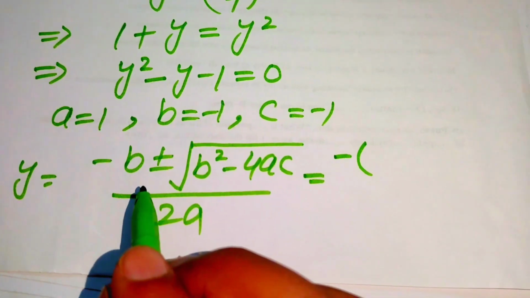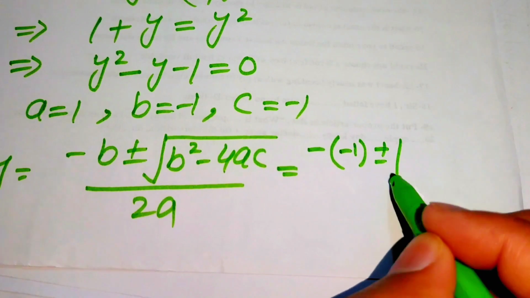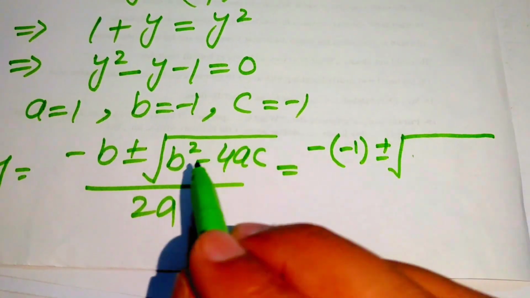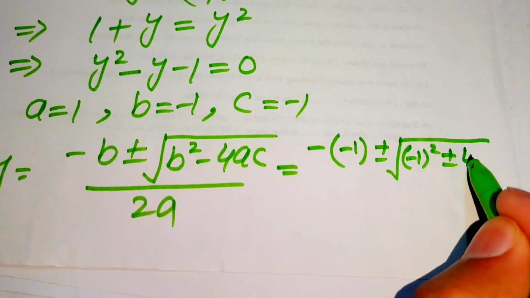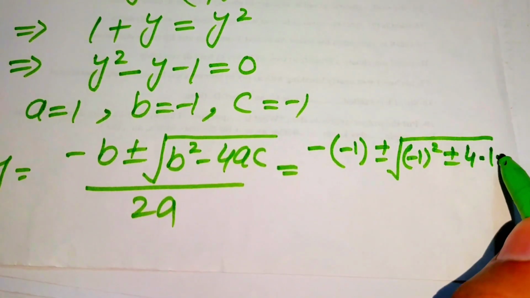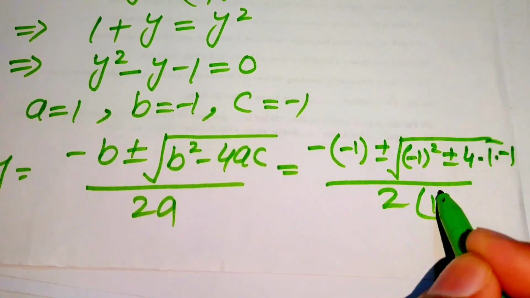The value of b is minus 1, so it becomes minus times minus 1, plus or minus the square root of minus 1 squared minus 4 times 1 times minus 1, and this whole divided by 2 times a, which is 1.